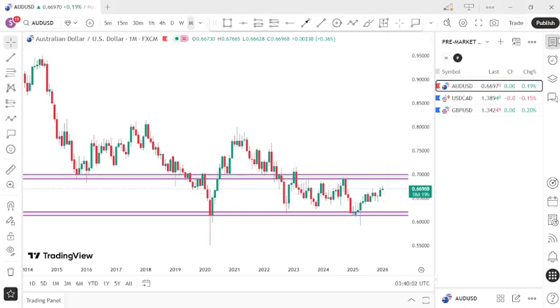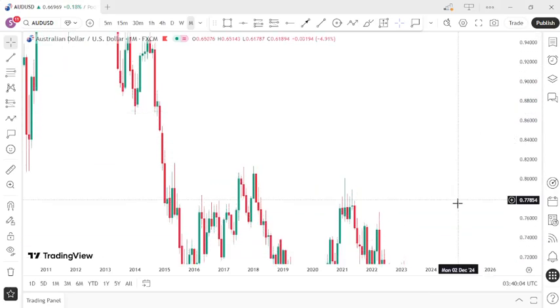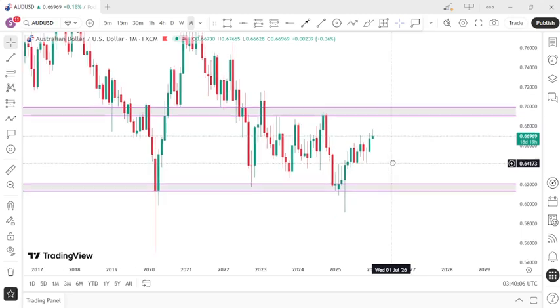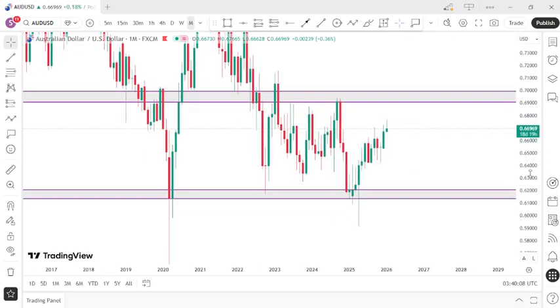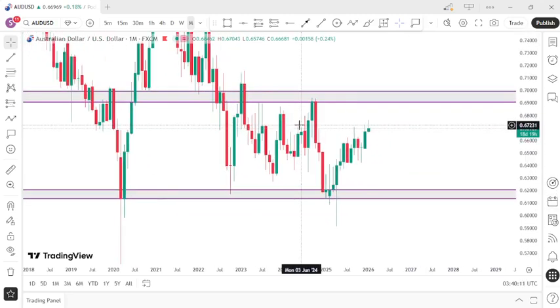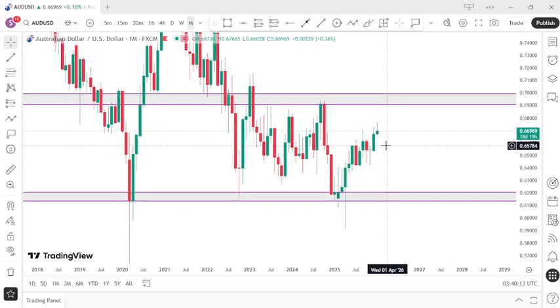On AUDUSD, I'm going to start on the monthly time frame as usual. Then we dive down all the way to the 4 hour for our entry, right?